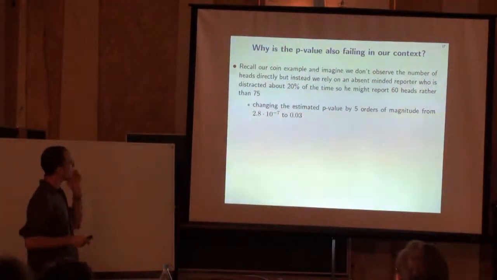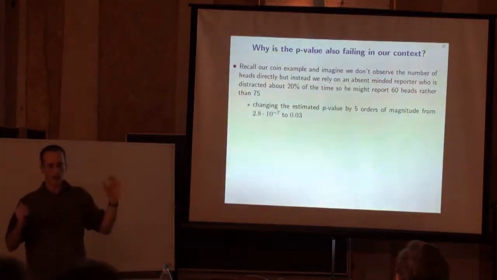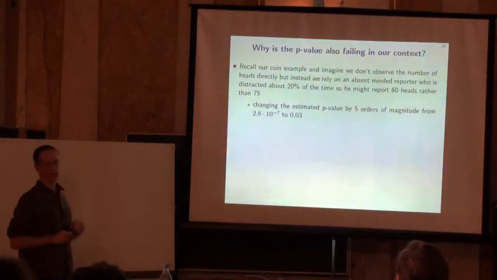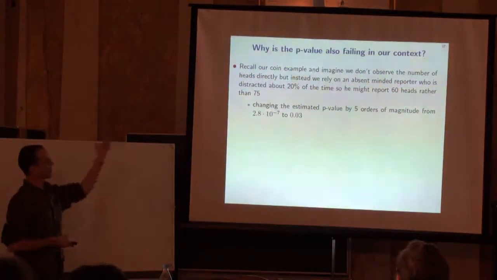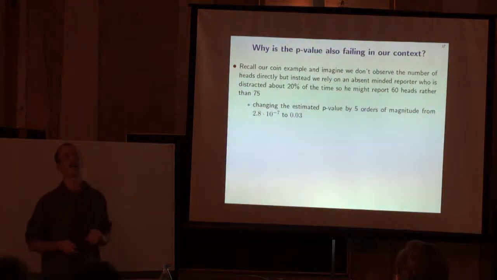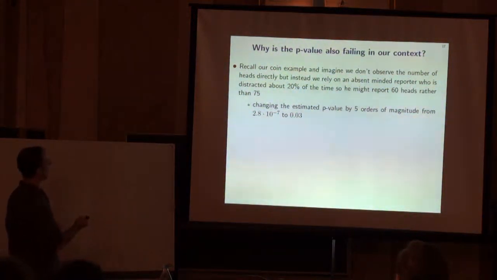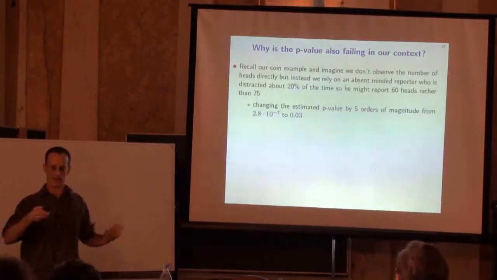And that person, about 20% of the time, might miss the heads. So he might report 60 heads rather than 75. In that case, the p-value will increase by 5 orders of magnitude, from roughly 3 times 10 to the minus 7 to 3 times 10 to the minus 2. Huge difference in terms of the significance.